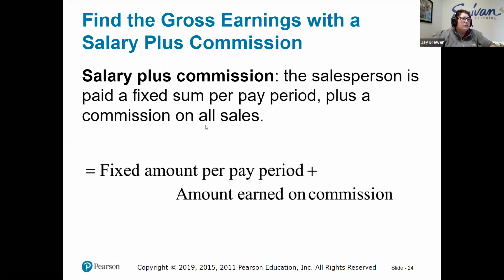Okay. So salary plus commission, the salesperson is paid a fixed sum per pay period plus a commission on all sales. Now remember, the returns and the discounts still have to be taken out.